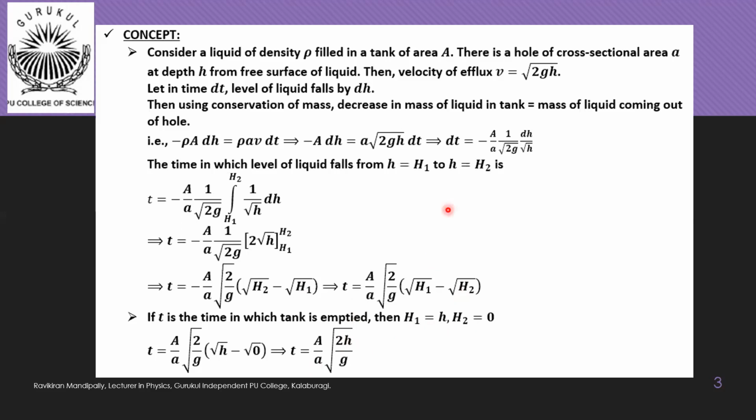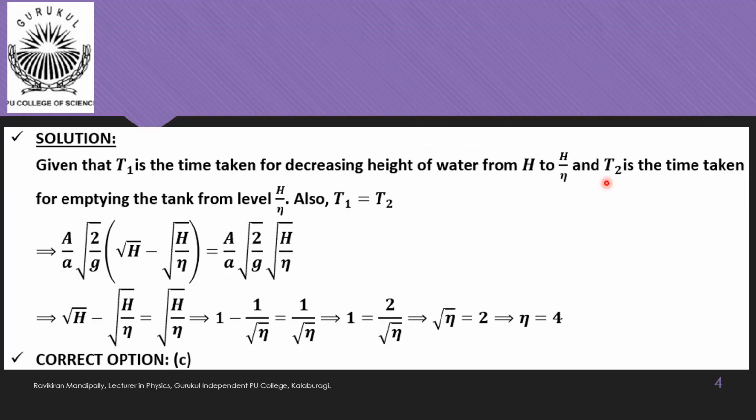So now we are going to use this idea. According to the question, T1 is the time taken for decreasing the height of water from h to h by eta. Then T2 is the time taken for emptying the tank from level h by eta, and it is also given that T1 is equal to T2.